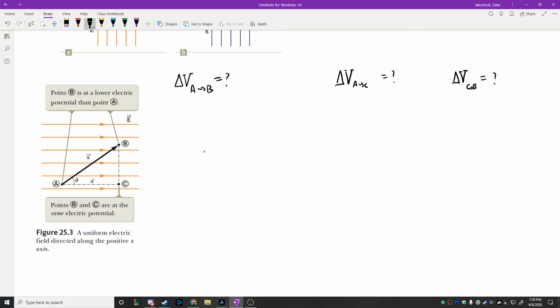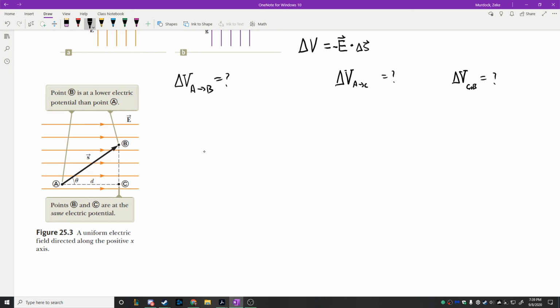In the previous part, what we had said was that delta V is equal to the electric field dot product with the displacement, with a negative sign in front of it. All right, A to B. Let's do this one first. This is the one that's a little bit different.